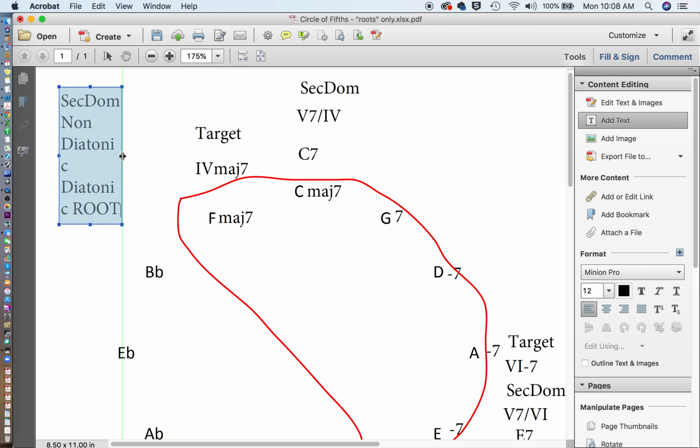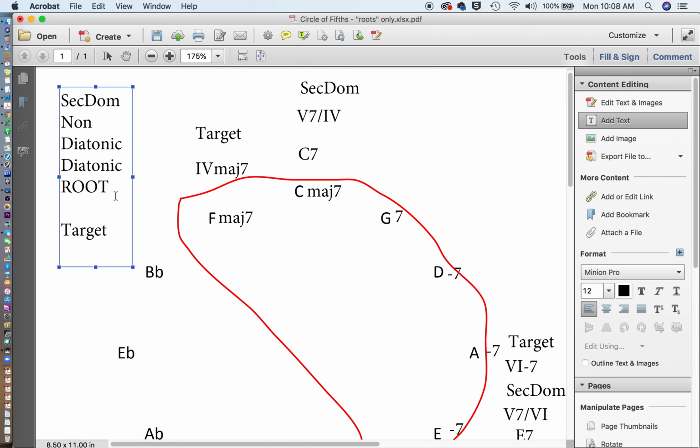Okay, whereas a target chord is diatonic and has a diatonic root as well. So it's a fully diatonic chord.